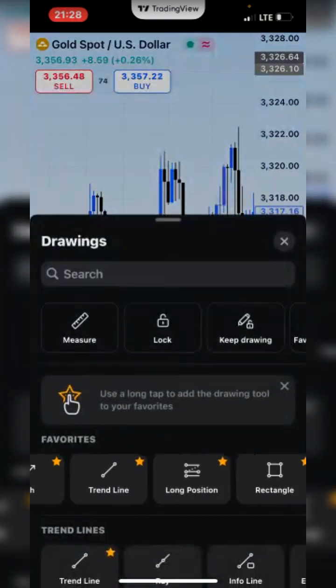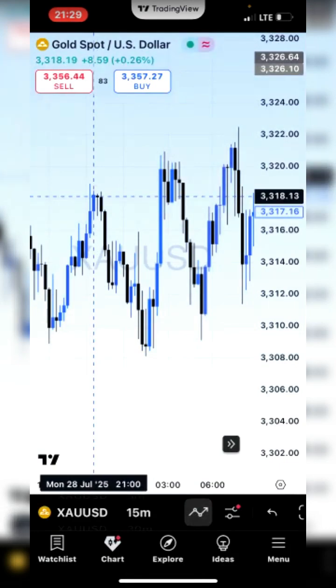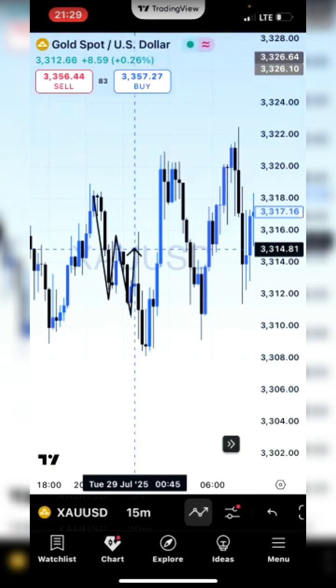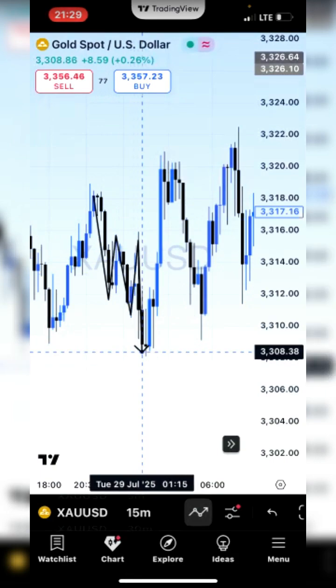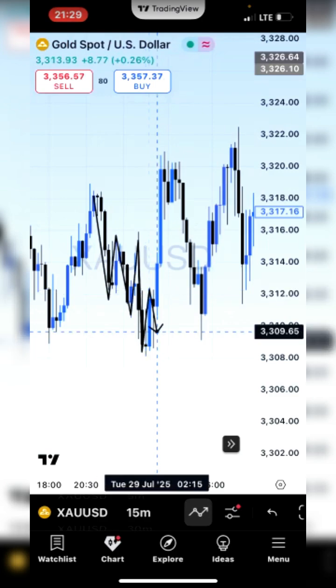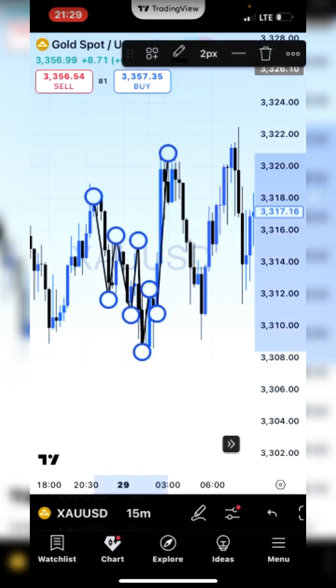So yeah, this was another good example. You can see that here we were coming down, and then before price changed character around here, it pulled back. So you can see this small mini pullback, and then it finally changed character.